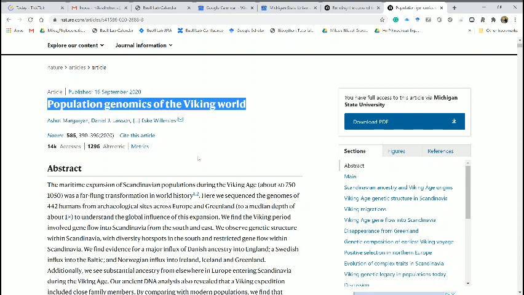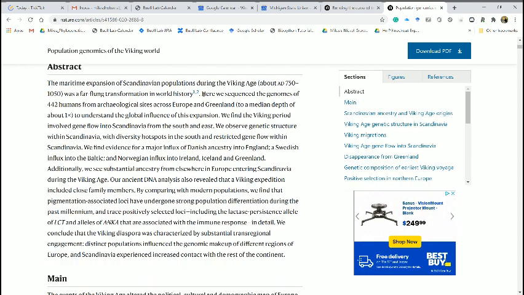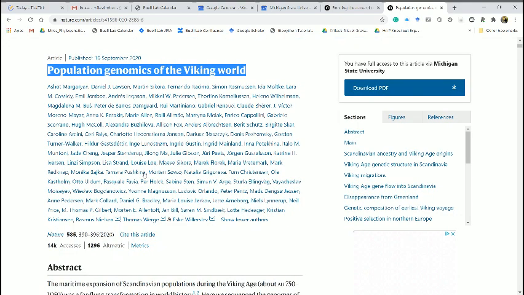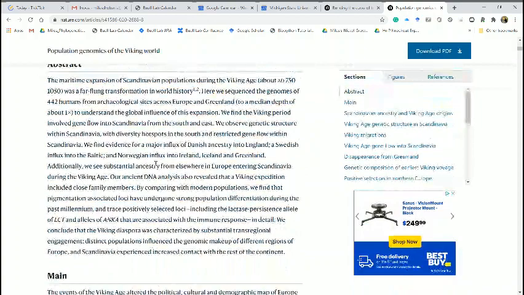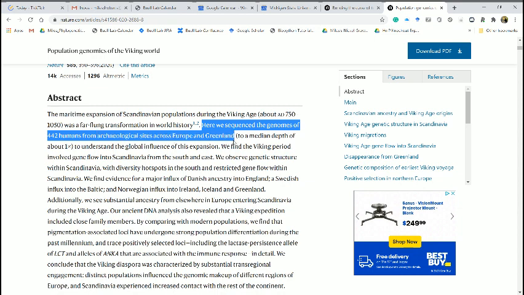I've never heard of anyone sequencing Viking genomes before, but I guess it has been done. These guys, a bunch of authors again, even more than the previous paper. It's a ton of scientists. These guys sequenced the genomes of 442 humans from archaeological sites across Europe and Greenland.